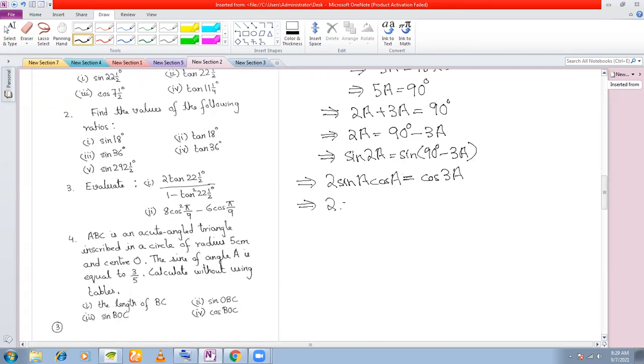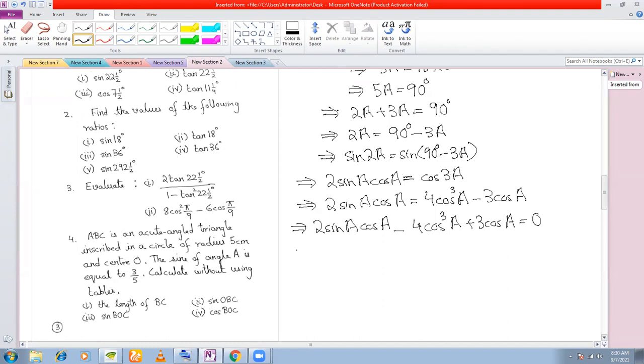That means you get 2 sine A cos A. Now if you remember the triple angle formula for cos, it was 4 cos cube A minus 3 cos A. This was the triple angle formula. That means 2 sine A cos A, in fact, you take everything on one side. So you get minus 4 cos cube A plus 3 cos A is equal to 0.